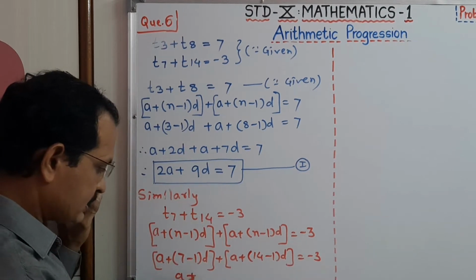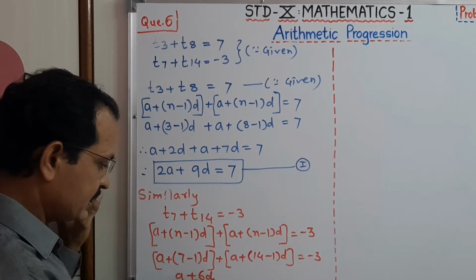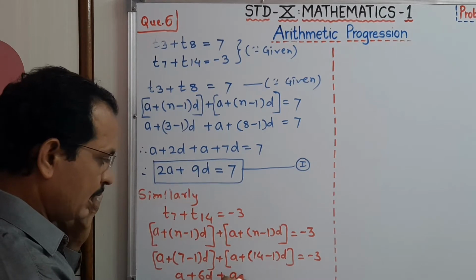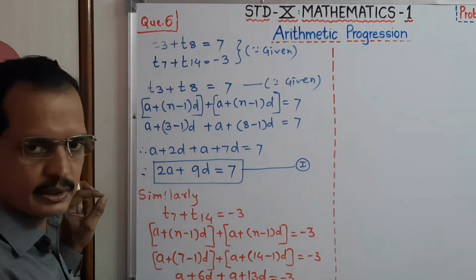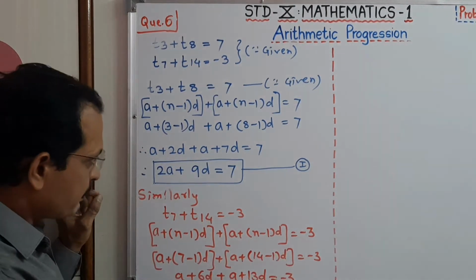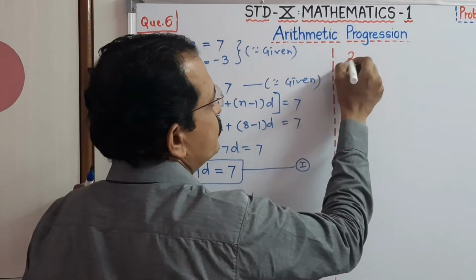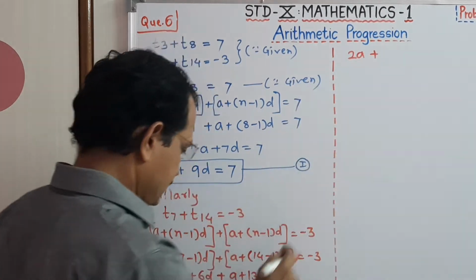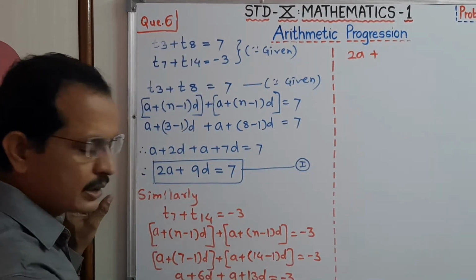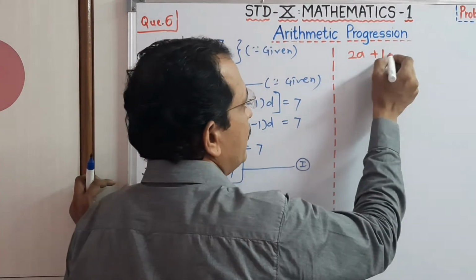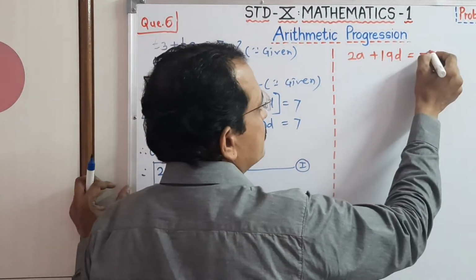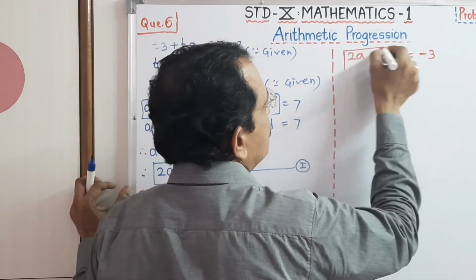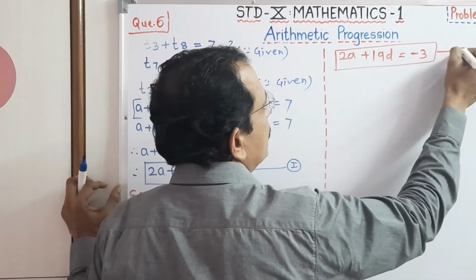Now A plus 7 minus 1, it is 6D, plus A plus 13D is equal to -3. Now this A plus this A, this is 2A plus 6D plus 13D, it is 19D is equal to -3. Dear student, this is equation number second.